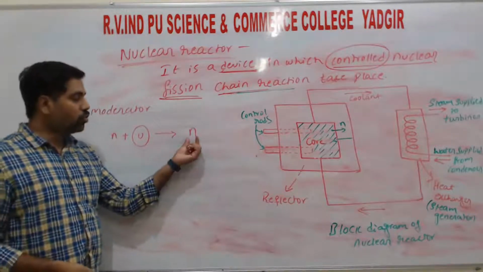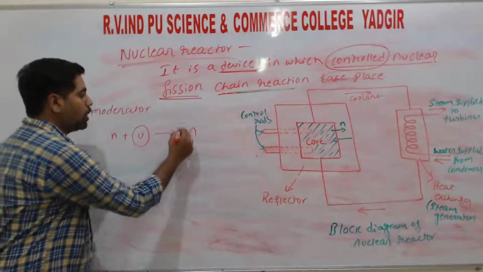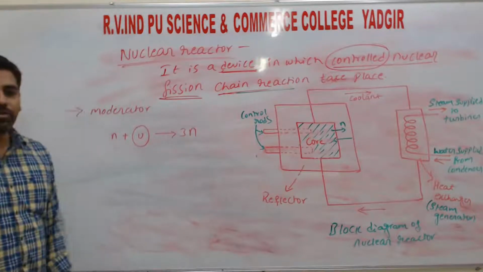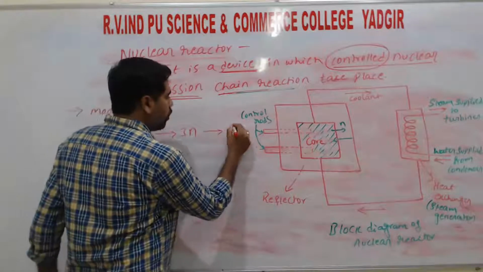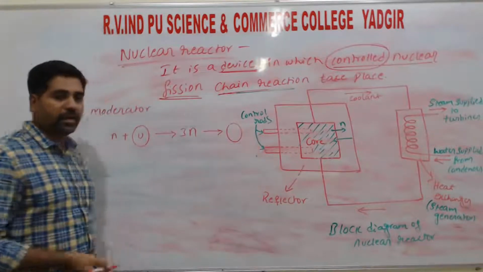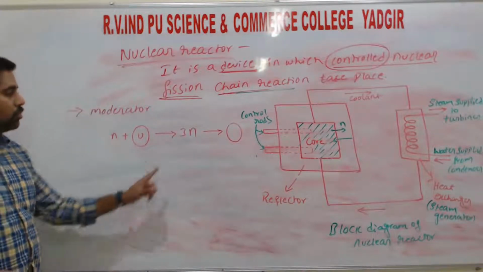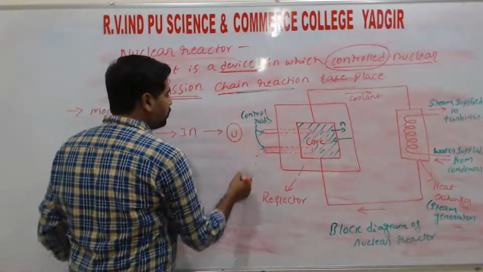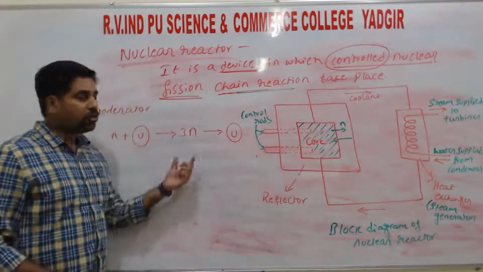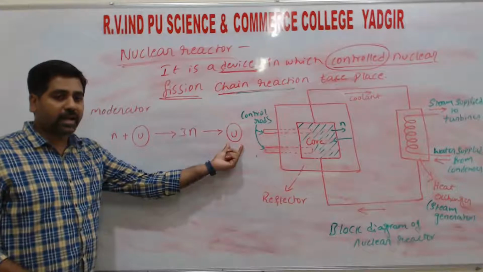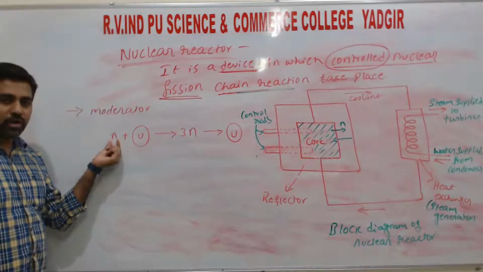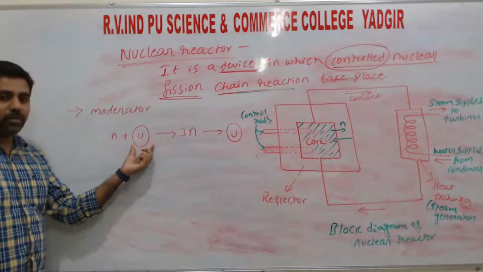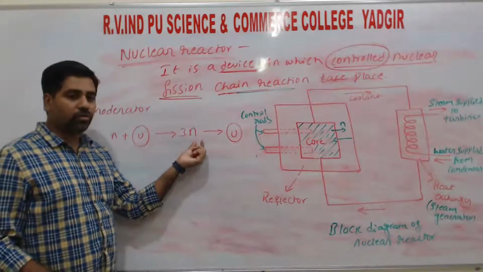These neutrons are made to bombard again. Here we are obtaining three neutrons, and these three neutrons are again made to bombard the uranium for the chain reaction to take place. In the first process, when one neutron is bombarded with the uranium nucleus, we obtain three neutrons.